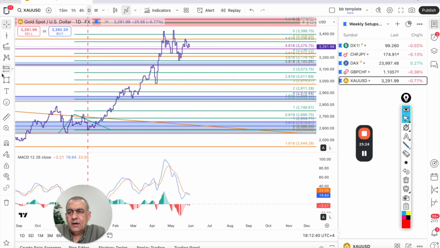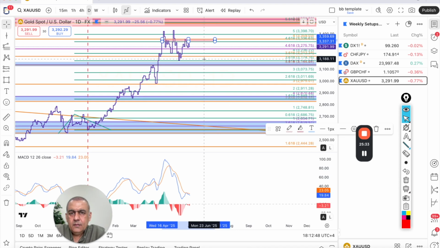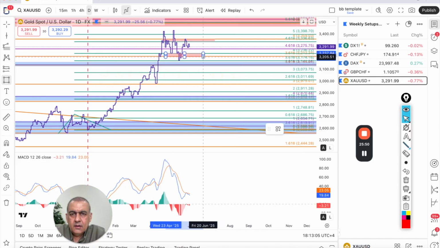So I'm going to highlight this area as resistance, and our closest support is at 3275, followed by 3236 and 3212. So we can highlight the area between 3236 and 3212 as closest support area.